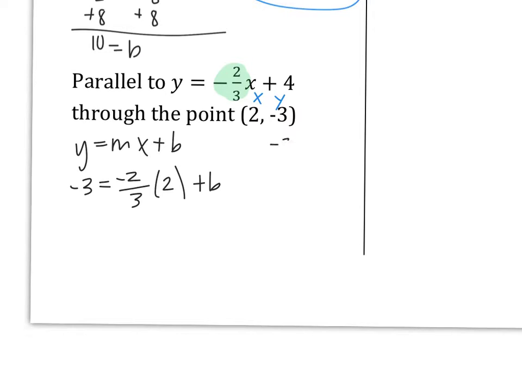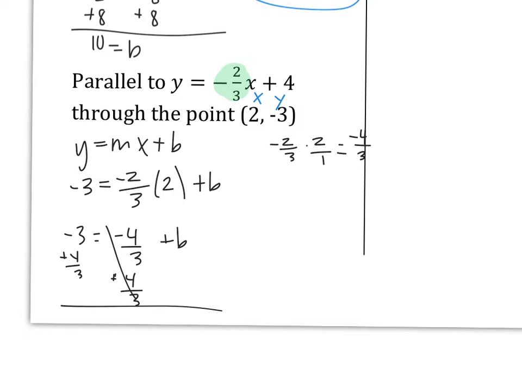So 2/3 times 2 over 1 is 4/3. So I have -3 equals 4/3 plus b, and then we'll subtract 4/3 from both sides. And -3 minus 4/3 is -13/3.